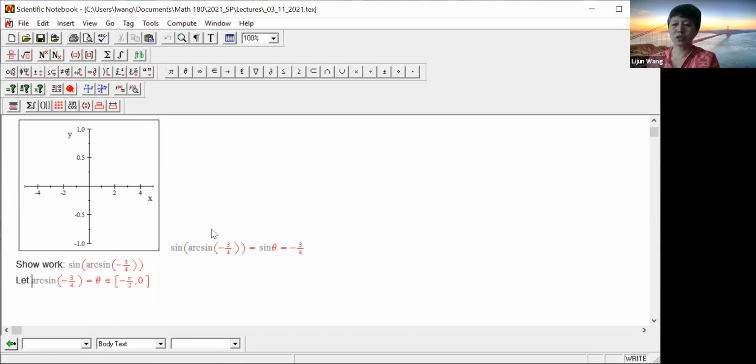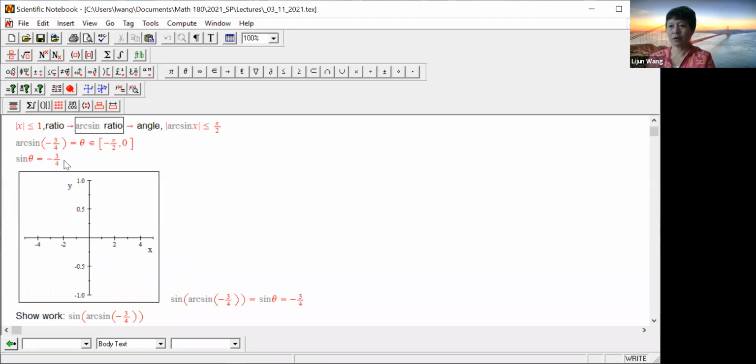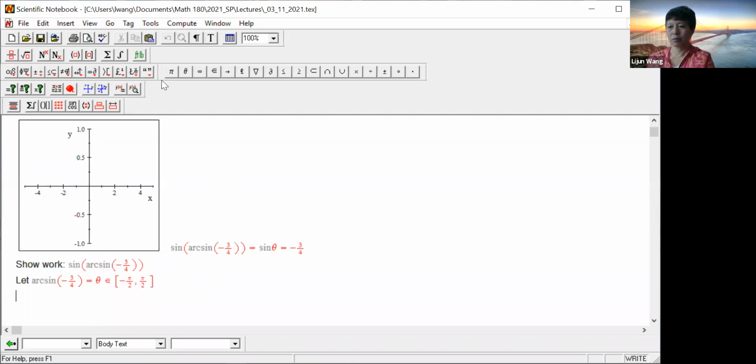You basically introduce an intermediate variable. You can use pi over 2 here if you want, it's not wrong. If you use negative pi over 2 to positive pi over 2, that's okay. If you use negative pi over 2 to 0, that's correct too. It's a better estimate, but you have reflected that you understand the situation. And then you will say, sine theta equals negative 3/4.